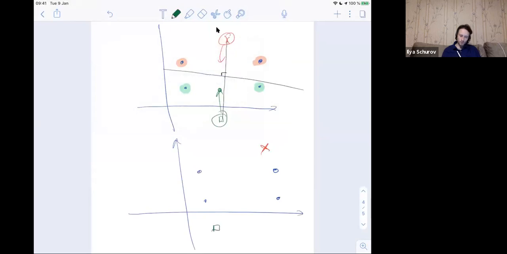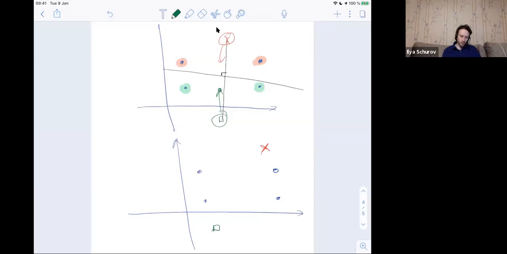We have these centroids. What happens next? How will your points be assigned to centroids and what happens on the next step?